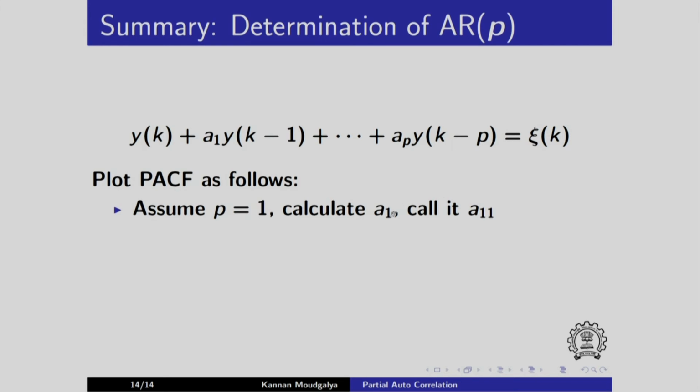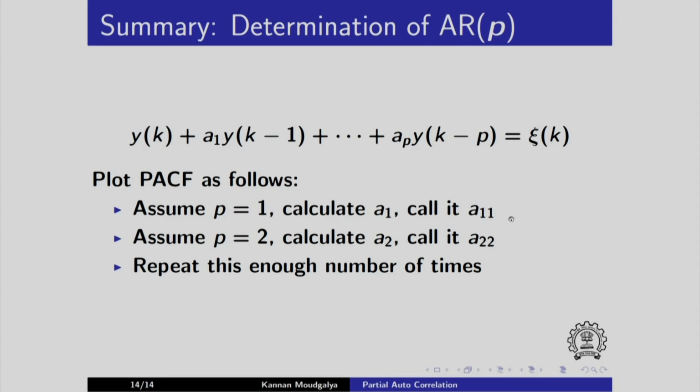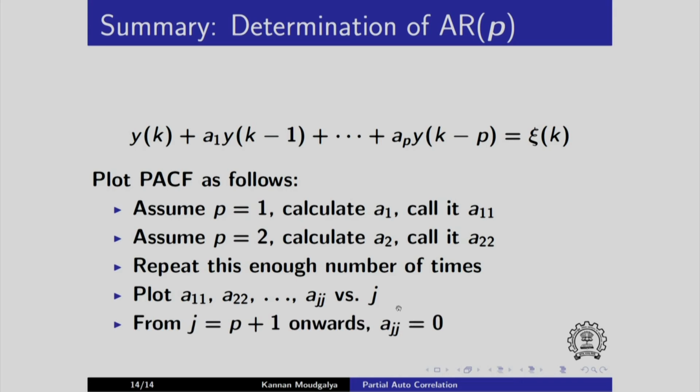First assume P is equal to 1, calculate A1, call it A11, do this for P equals 2, do this enough number of times and plot A11 through AJJ versus J. From J equals P plus 1 onwards, AJJ will become 0, and that is how you identify the order of this AR P process. We will use these techniques, AR and MA order determination methods, in the next video.